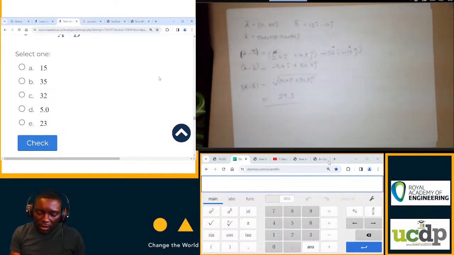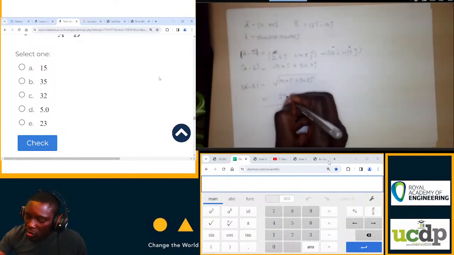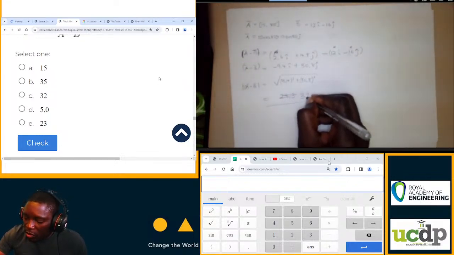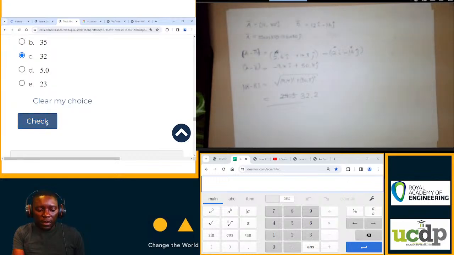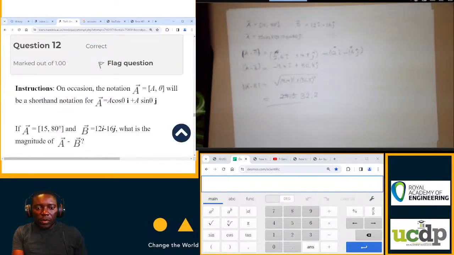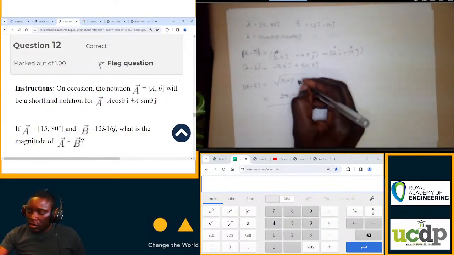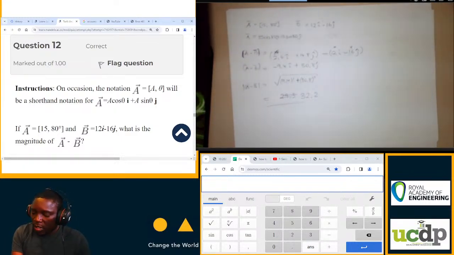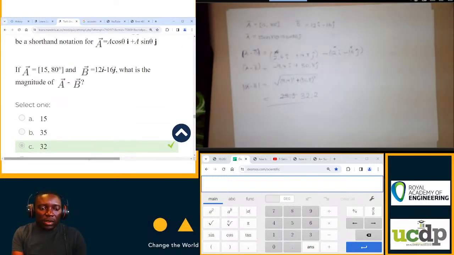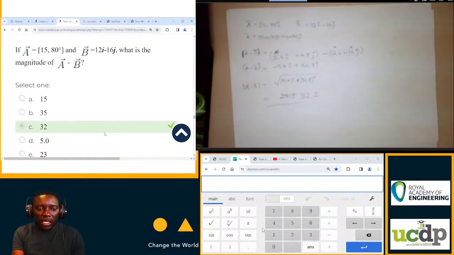Okay. It's actually 32.2, sorry. It's actually 32.2, which is this 32 here. So everything else is okay. It's just I'd punched something on my calculator the wrong way. But that gives you 32.2 for the magnitude, which is simply rounded to two significant figures as 32.